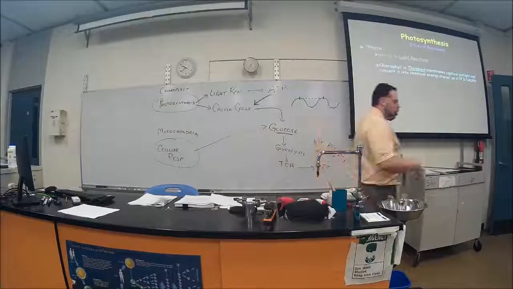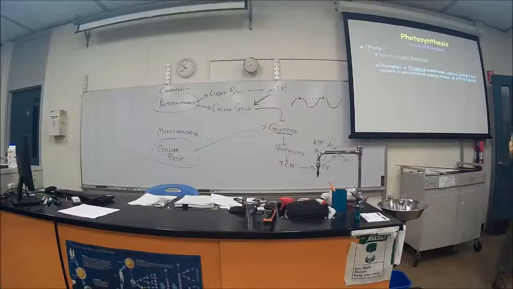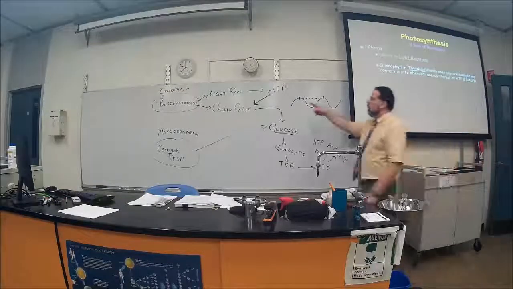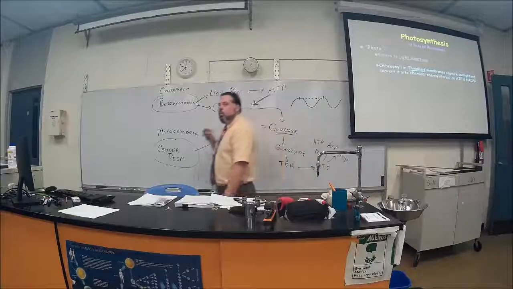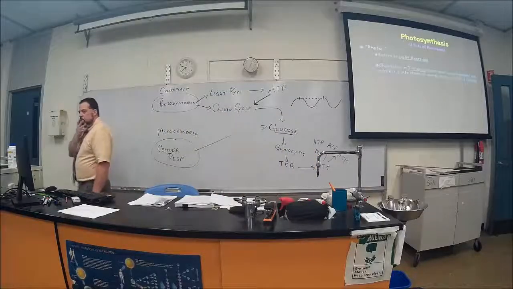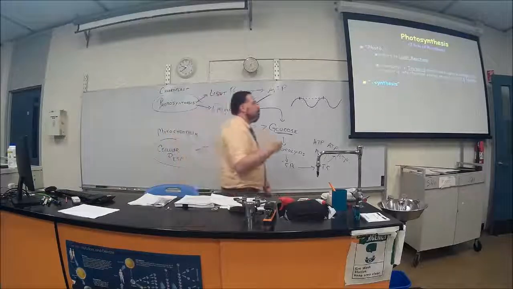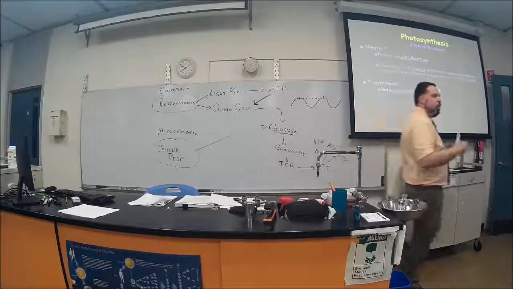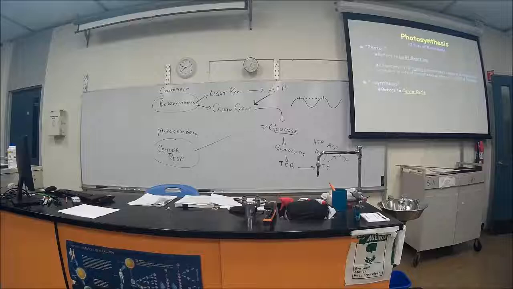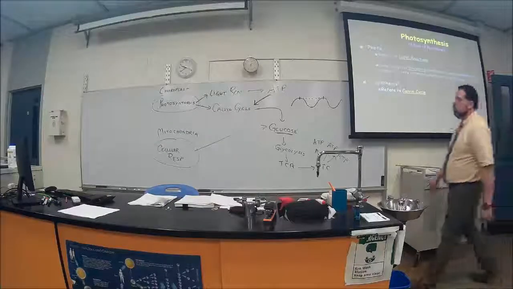This is where the chlorophyll is going to absorb that light to change it into energy so that we can make some energy to go to part 2 of our photosynthesis procedure. The synthesis, in Latin or Greek, that means to generate. And that's going to refer to the Calvin cycle. It's going to generate, it's going to make, synthesize glucose.